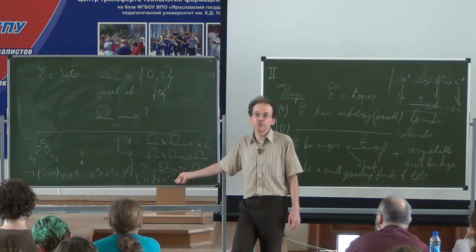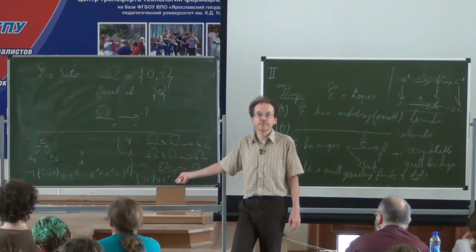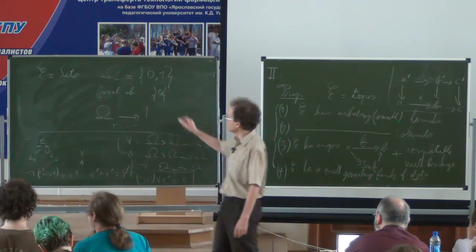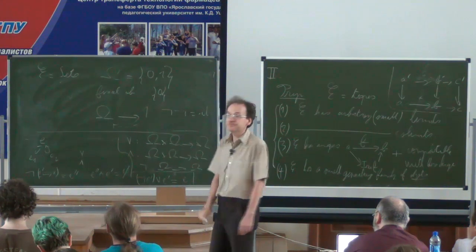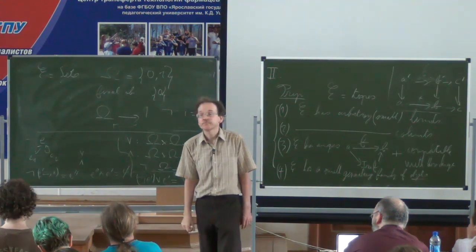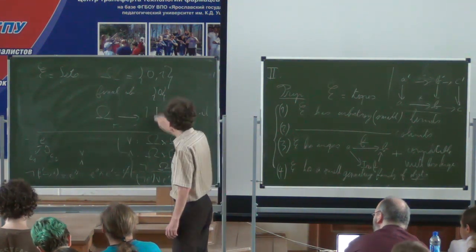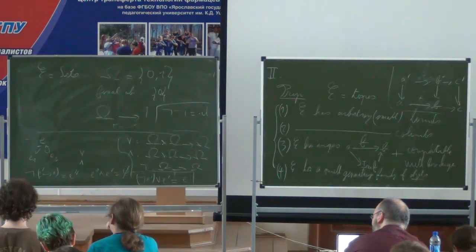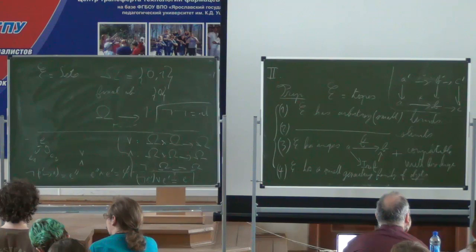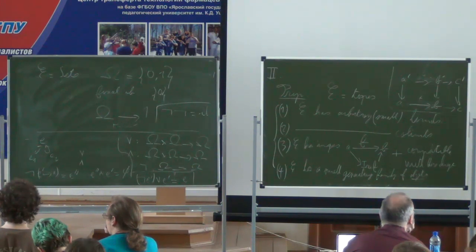When it is true, the topos is called Boolean. It is equivalent to the fact that the negation of a negation is identity. It's equivalent to the fact that there are only two elements.